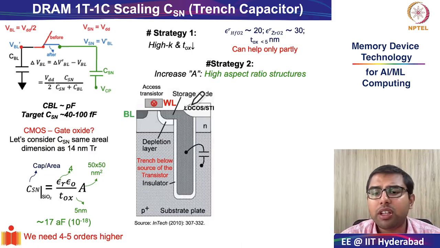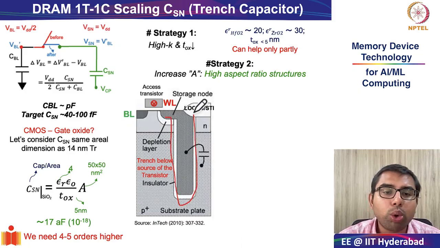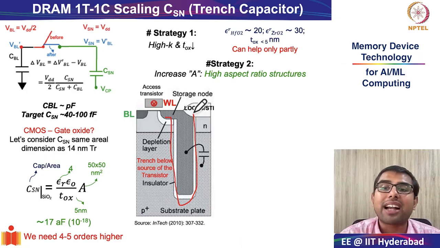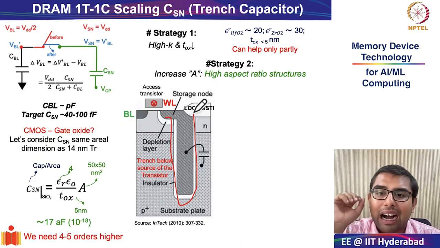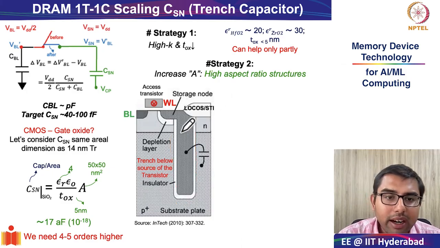So how you develop the trench capacitor is, first you start with bare silicon and then a trench is dug. So this hole is dug. This huge hole is dug using one of the advanced technology processes such as deep reactive ion etching. After you do that, you then deposit the dielectric material. Let me indicate the dielectric material.